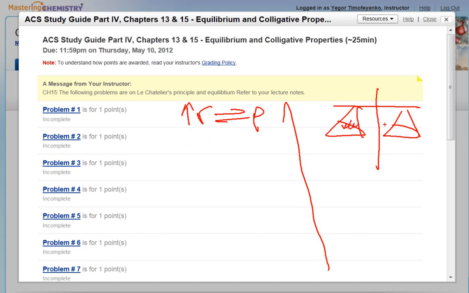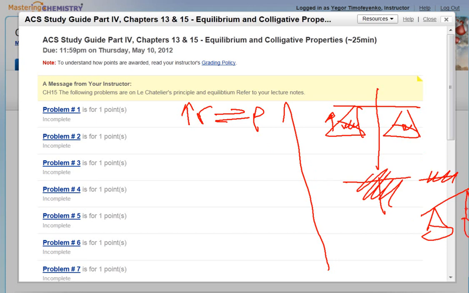So we have balance, then we increase this mass, and the balance is going to shift in such a way as to reduce some of this and move some of the reactants to the right side.